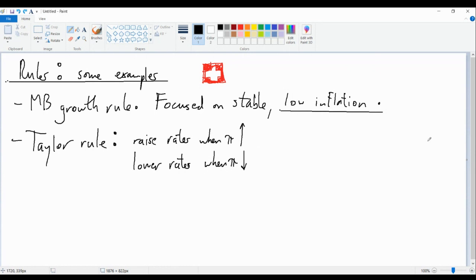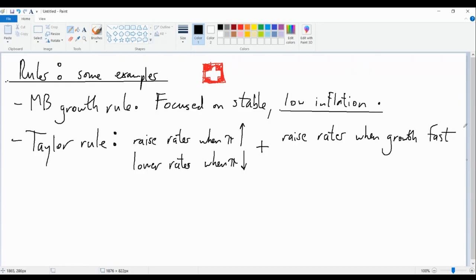But the Taylor rule, as I said, is a bit more flexible. And in addition to having this prescription of raising rates to fight inflation, it has a second part. It also says you should raise rates when growth is too fast.